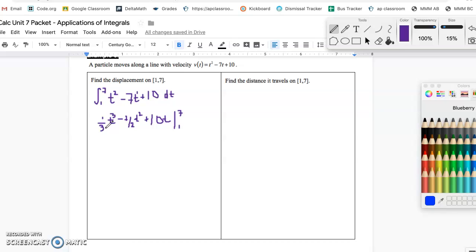So I'm going to say 1/3 of 7 cubed minus 7 halves of 7 squared plus 10 times 7.